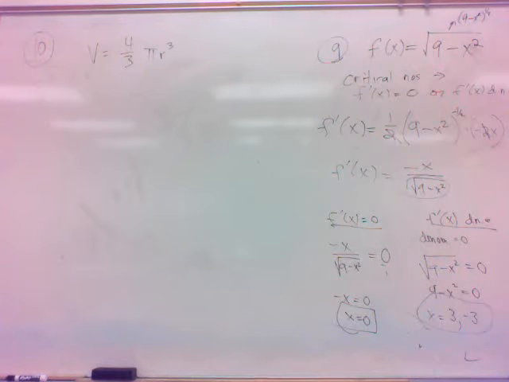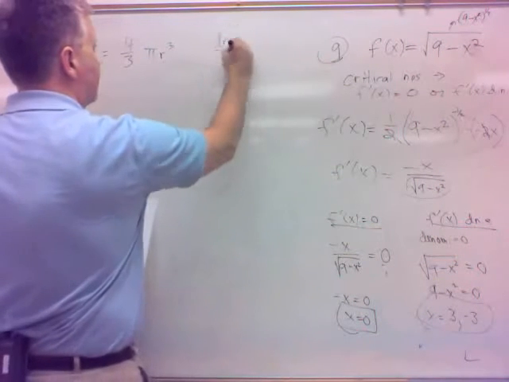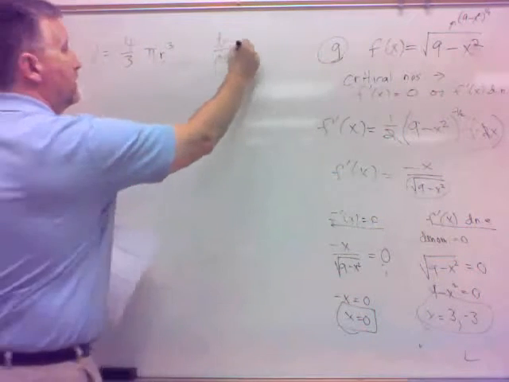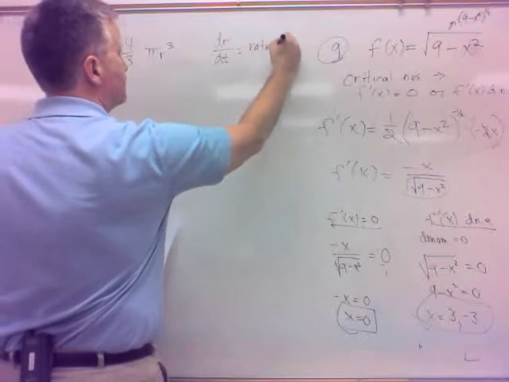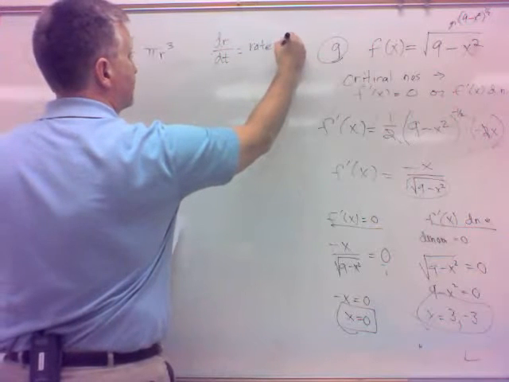What is it we're looking for here? We're looking for the rate the radius is changing. Well, in terms of calculus, how would that be written? The rate at which the radius is changing with respect to time. dr/dt. Yeah, dr/dt is what I'm looking for.